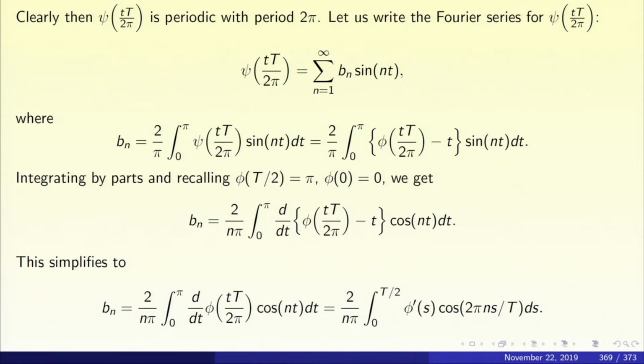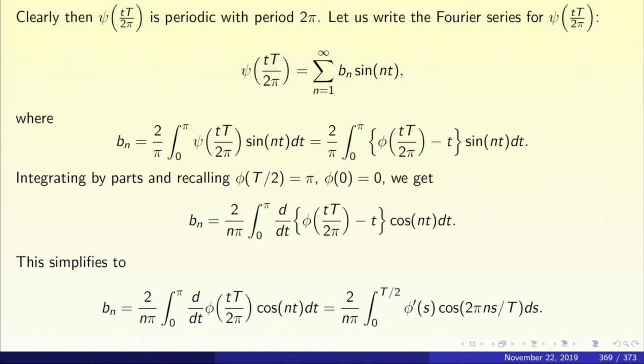I simply get 2 upon n pi, integral 0 to capital T by 2, phi prime s cos 2 pi ns upon capital T ds. I made one more change of variables. The integral from 0 to pi becomes the integral from 0 to T by 2. I put tT by 2 pi equal to s, as you can see.